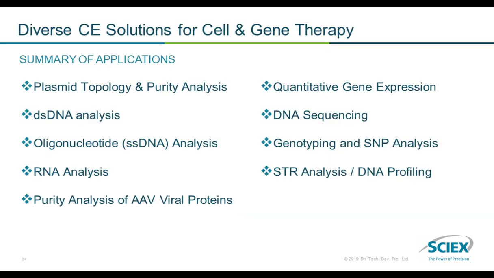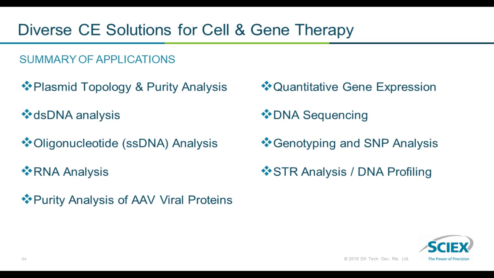Just to conclude what we have learned so far, what all we can do. So we have diverse CE solutions for cell and gene therapy. And the applications I showed you that we can do at this time are plasmid topology and purity analysis. We can do double-stranded DNA analysis, which is fragment sizing. We can do oligonucleotide, which is single-stranded DNA.